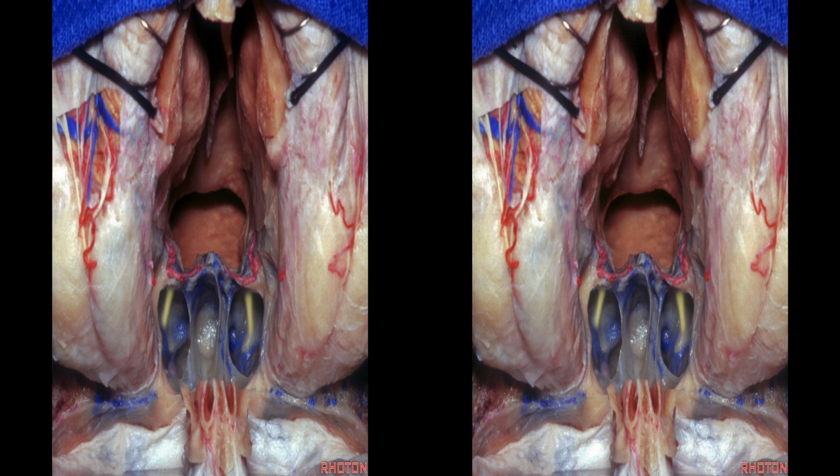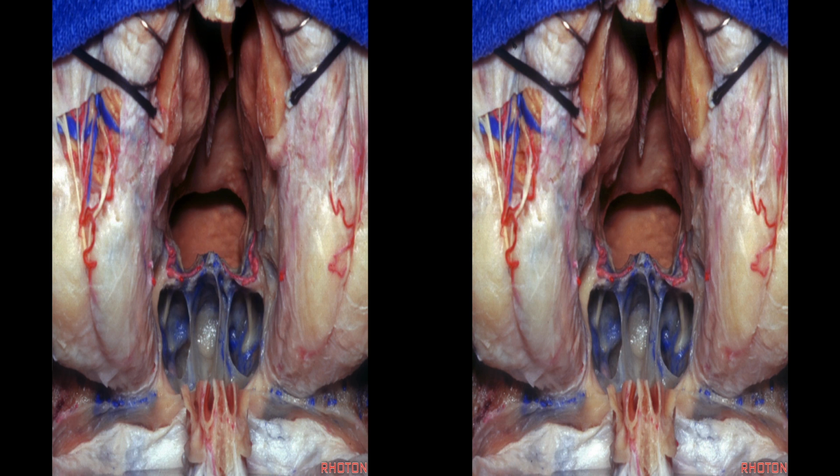What is that? What runs along the floor of the sphenoid sinus? Vidian nerves. They come forward to the ganglion here, the pterygopalatine ganglion, in the fossa here, in the lateral wall of the nasal cavity.